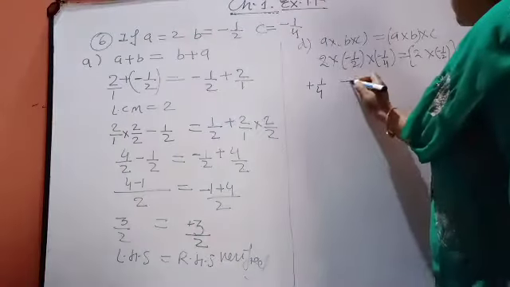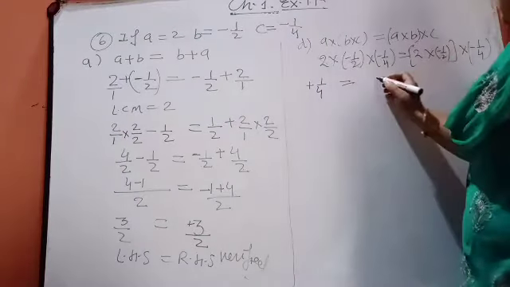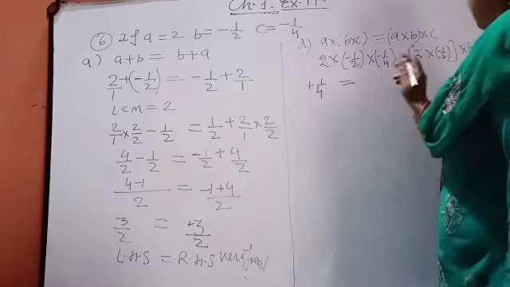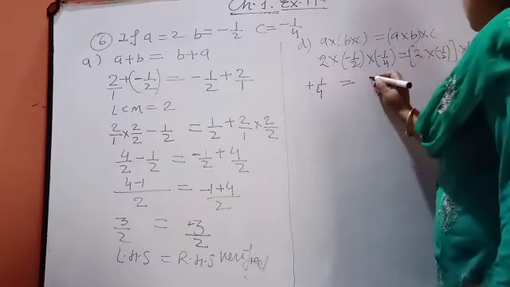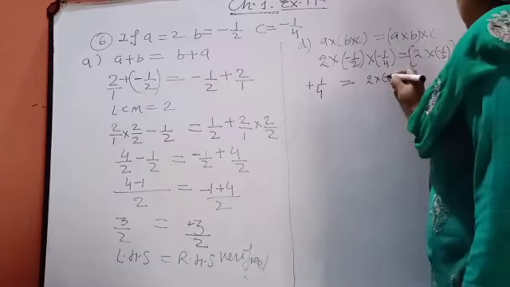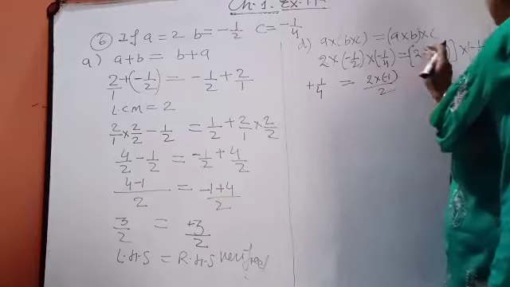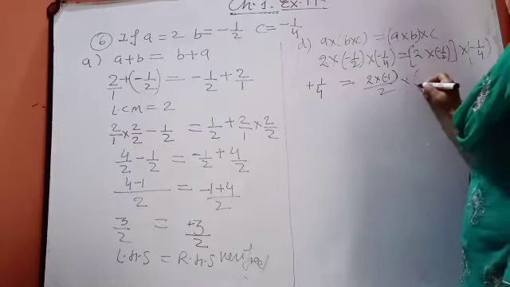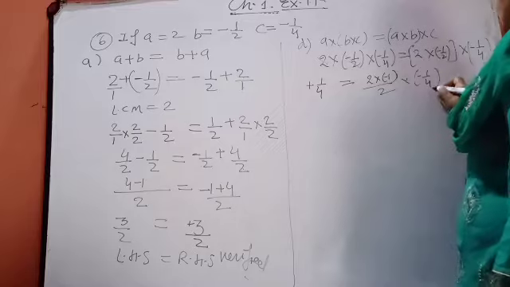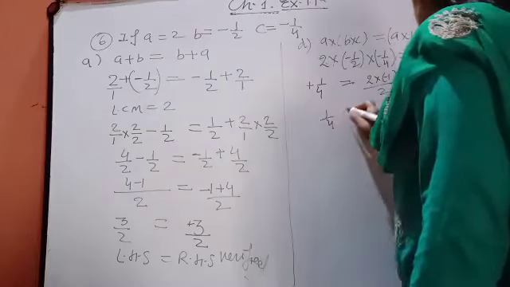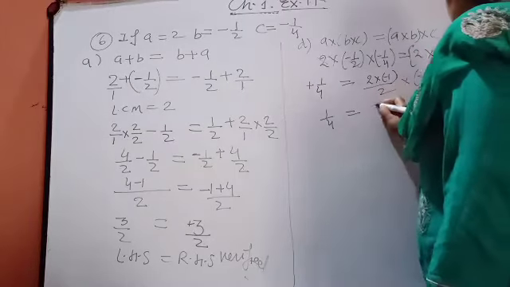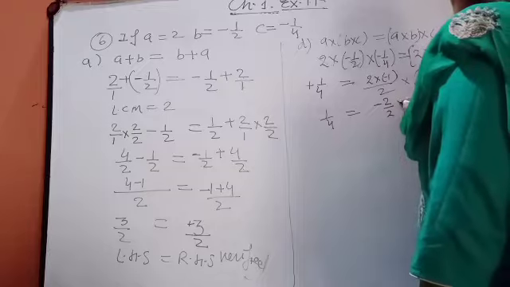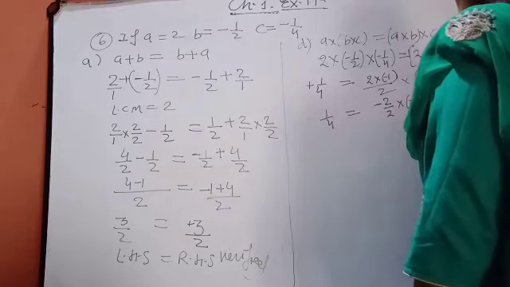Now we got the left hand side. Now go to the right hand side: 2 into minus 1 upon 2, multiplied into minus 1 upon 4.